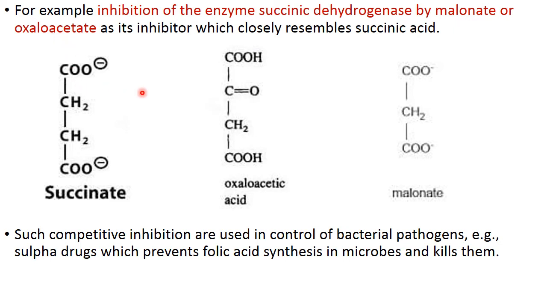Now this I have shown, there is no need for you to draw these structures, but I just want to emphasize कि देखो तीनों को, this is the normal succinate, उसका क्या formula है कि it has a carboxylic group at the two ends, CH2 and CH2. ये succinate है, that is the normal. अब जो oxaloacetic acid है, जो हमने oxaloacetate बोला as an inhibitor है, इसका भी structural formula same है. So it has two carboxylic groups at two ends, only it has a carbonyl group here and CH2 here.